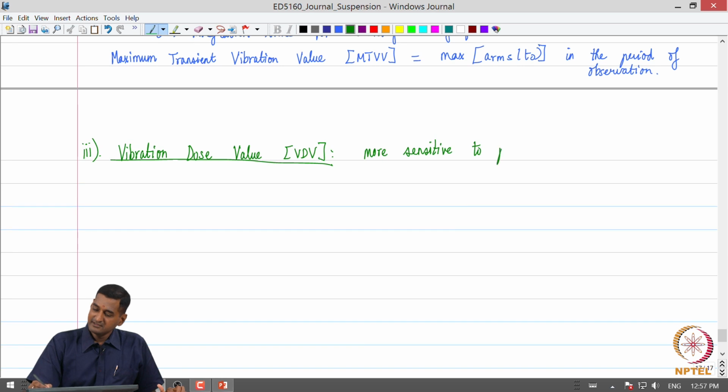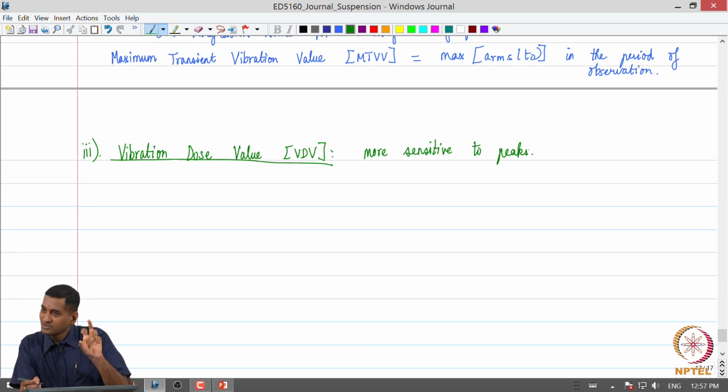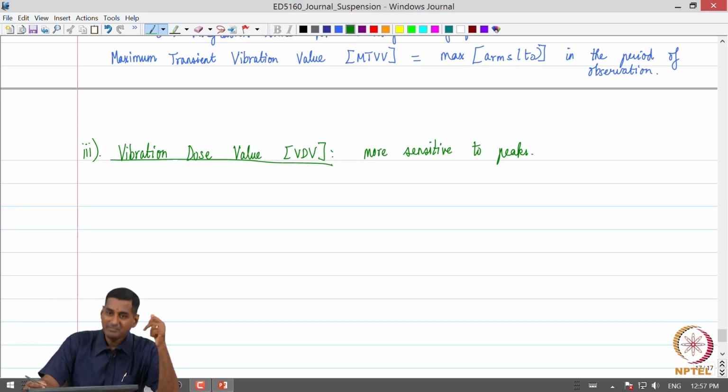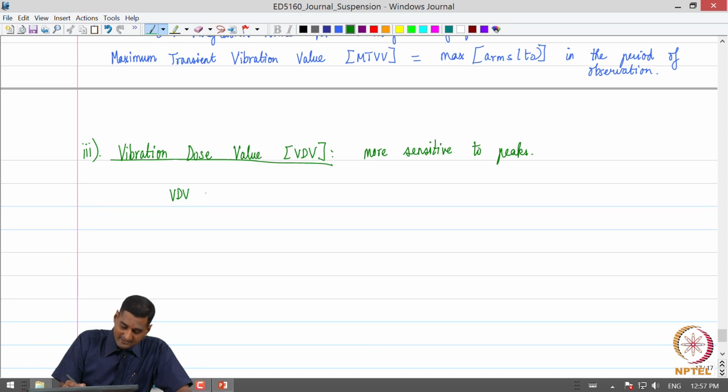So, then this vibration dose value is going to be more sensitive, it is going to react to those sudden peaks, right. And the idea is to essentially use the fourth power of the weighted acceleration levels instead of the second power. So, that is the idea.